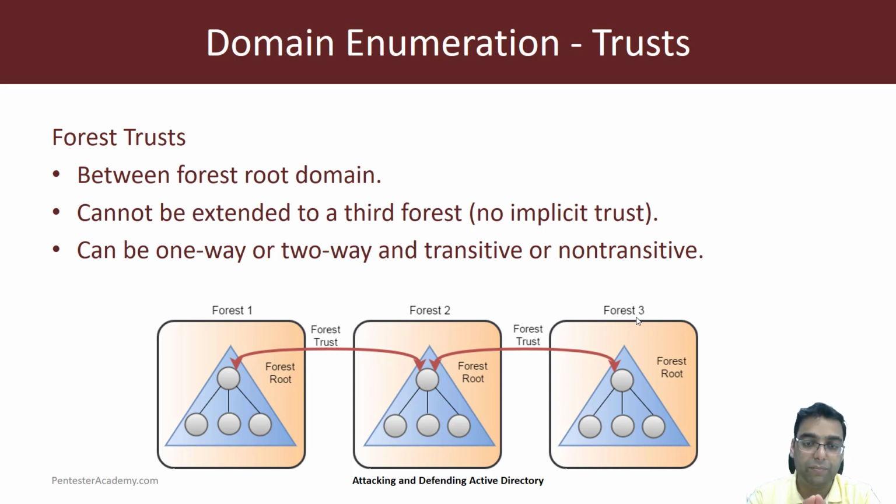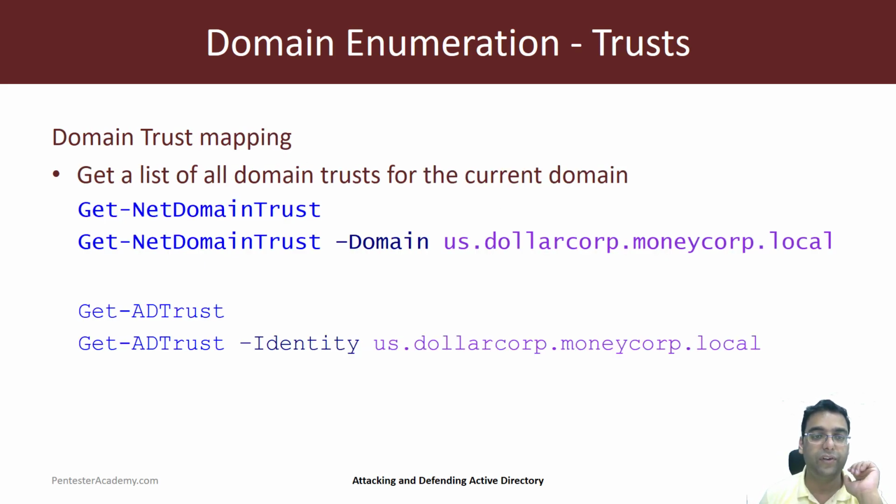We need to establish it manually. Can be one way or two way, and it is always non-transitive, right? That is, if forest 1 and forest 2 have a trust relationship, and forest 2 and forest 3 have a trust relationship, it is not necessary that forest 1 and forest 3 would have a trust relationship, right? This is about different types of trust.